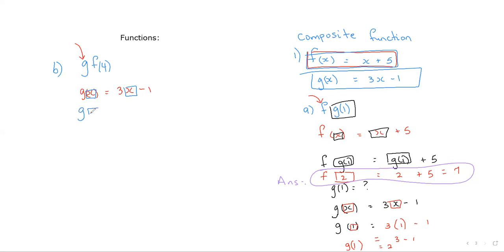It's like I'm replacing the x's with boxes, and in that box, I'll put what they have inside of it. You see where x was supposed to be, they have f of 4. So I'm going to replace it here with f of 4.